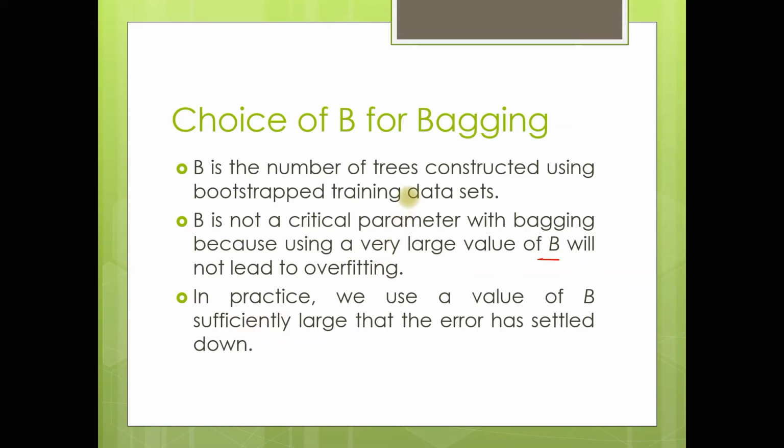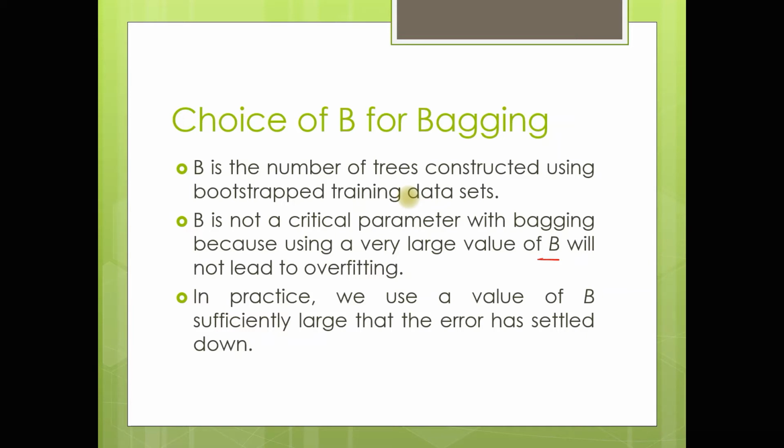Overfitting is related to the number of splits and split variables selected in your decision tree. The more terminal nodes and split points you have, the more you will obviously have overfitting. But in the context of bagging, B has nothing to do with overfitting because it's just building trees.